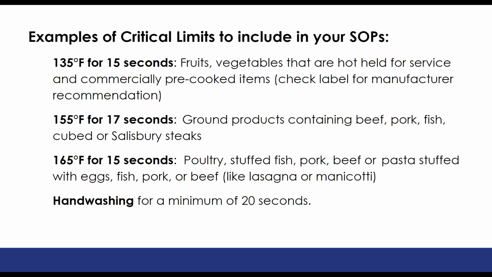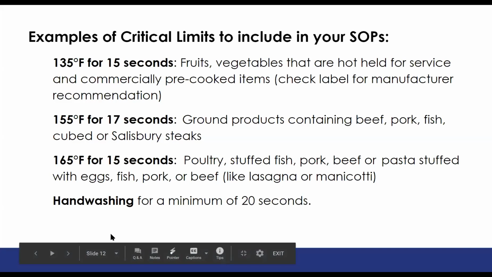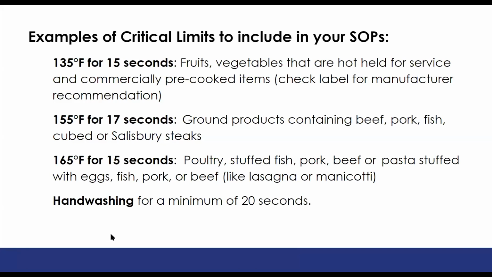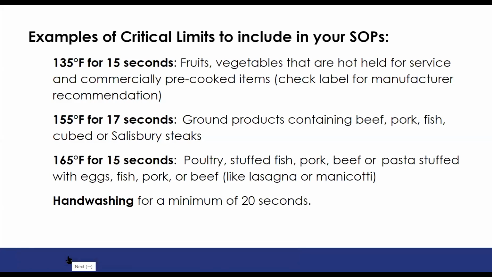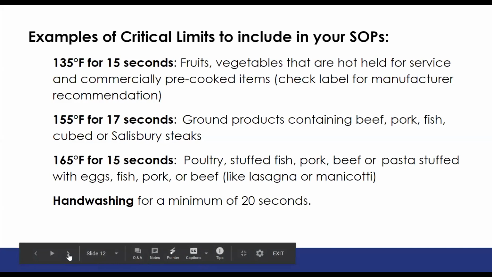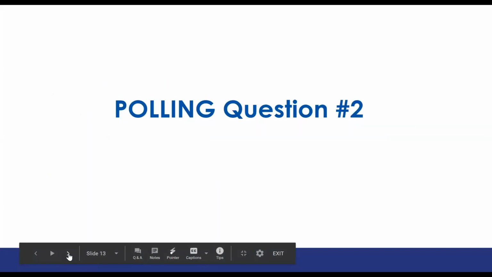But check your label for your manufacturer's recommendation for any of your pre-cooked items. Hand washing. The critical control limits are washing your hands vigorously for a minimum of 20 seconds. So each SOP has critical limits that suit that SOP.